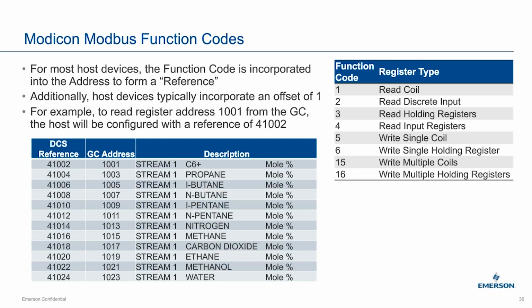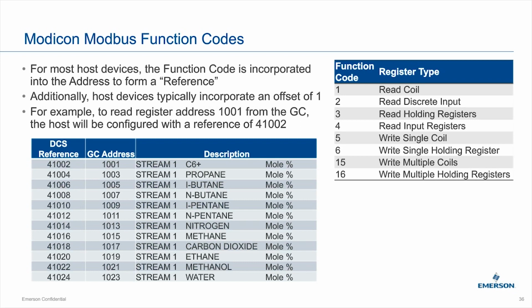And also remember, now we're looking at floating points in the Gould format. Each floating point takes 2 registers, and so the next register on the GC is 1003. On the DCS or PLC, it'll be 41004, and 1005 will be 41006.